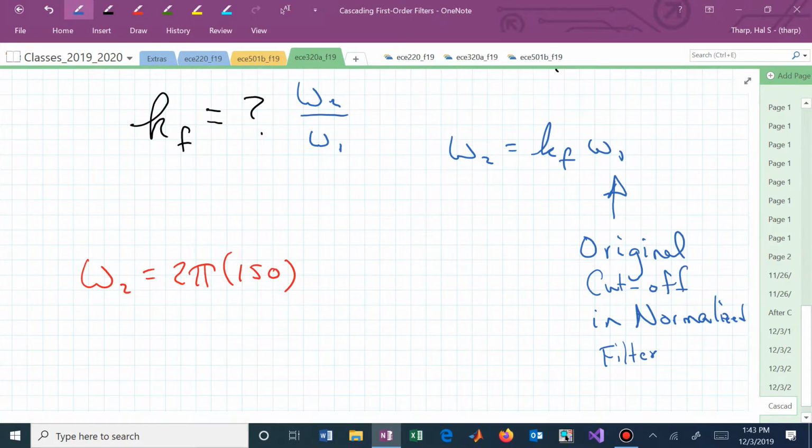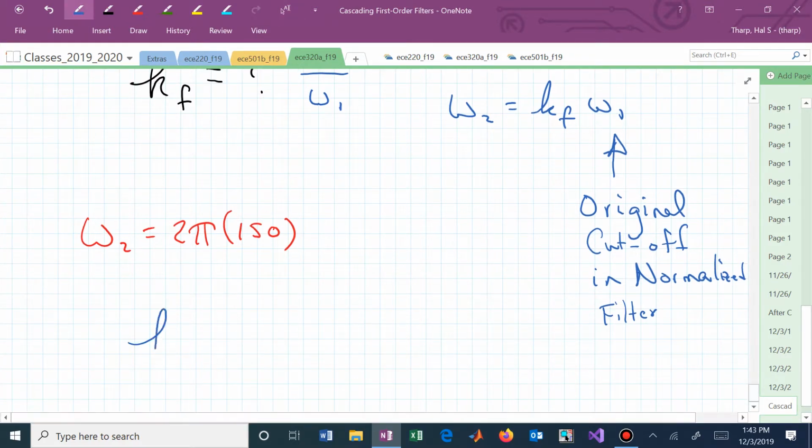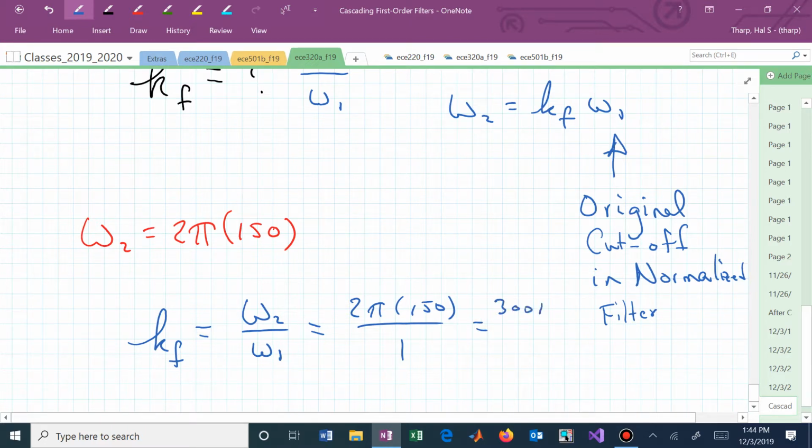If that's the case, now we know that K sub F is omega sub 2 divided by omega sub 1, or 2 pi times 150 over 1. And where was K sub F last Thursday? 300 pi's?